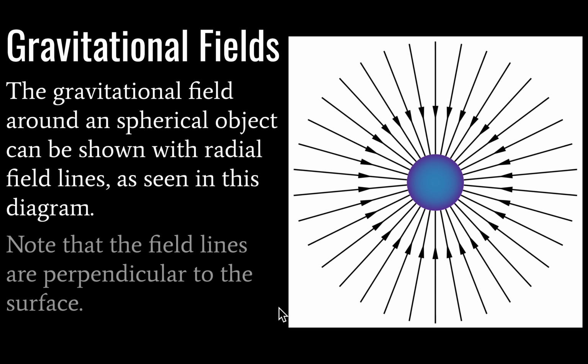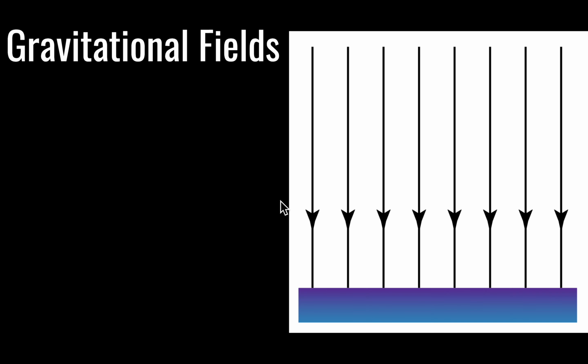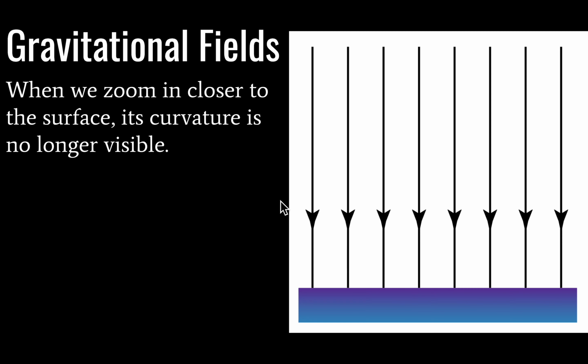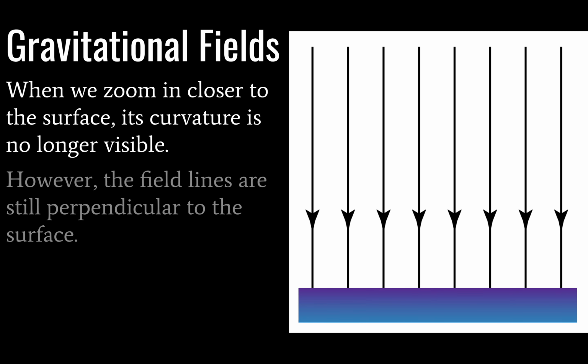Nice. Our field lines here are all going to be perpendicular to the surface of our sphere. And if we then zoom in on the surface of our sphere, we lose the curvature. But our field lines are still perpendicular to the surface.